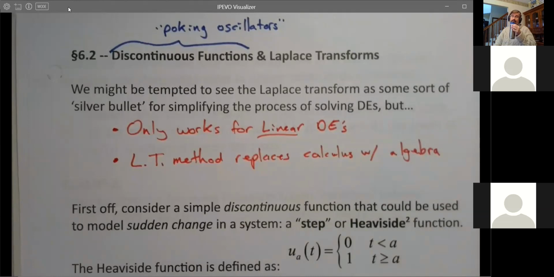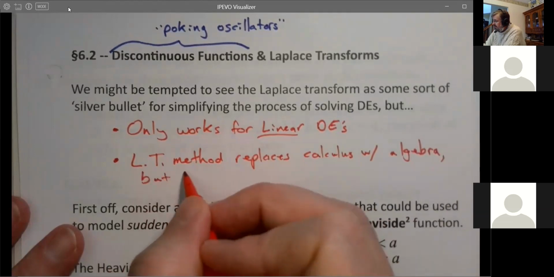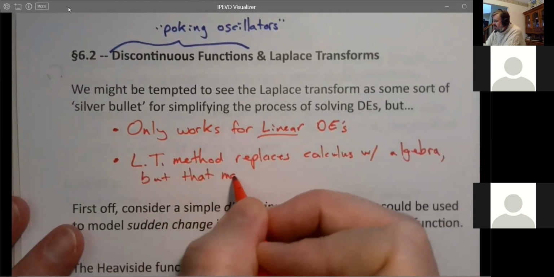It increases. One of the problems that you ran into in solving problem number 4 was, oh God, I have to manipulate it. So the Laplace transform is great for replacing calculus with algebra, but that makes things more tedious.